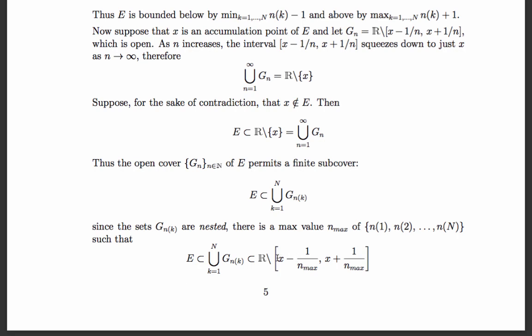And if I take the largest one, I get the smallest interval, x minus 1/n_max, x plus 1/n_max, right? The smallest interval, but remember, I'm looking at the complement of it, so it's the biggest open set. And E is completely contained in this open set, right, which is everything except a 1/n_max neighborhood of x.